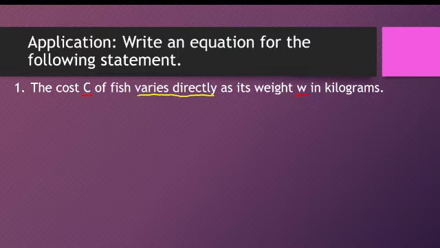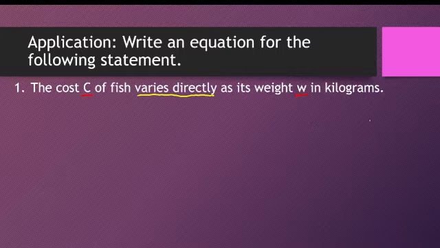In that situation, as the weight of the fish we are buying increases, the more we will pay for the cost of fish. So automatically, they are both increasing. The weight and the cost are both increasing. So we can consider this as direct variation.